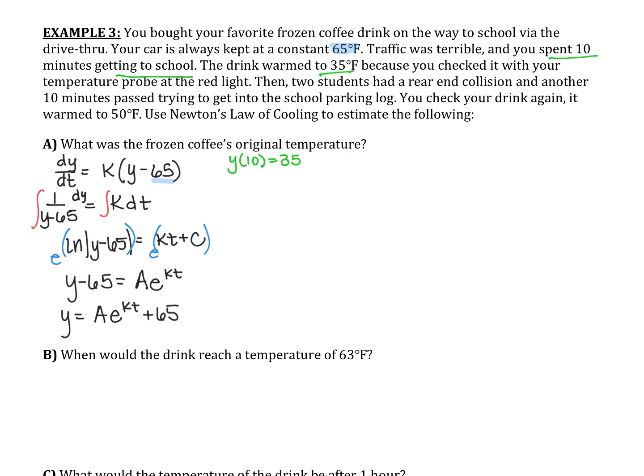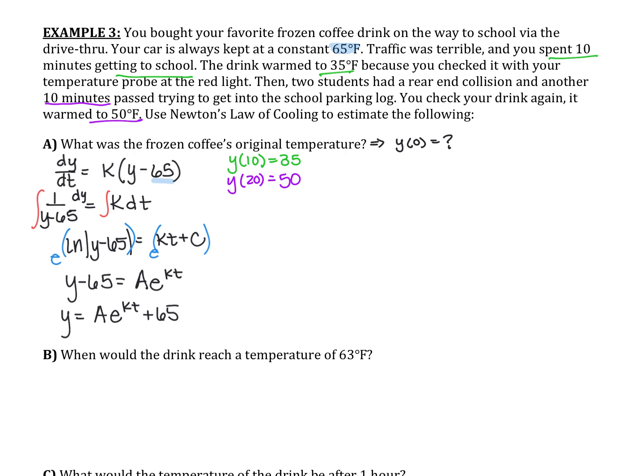It says 2 students had a rear-end collision, 10 minutes more passed, and it warmed to 50 degrees. So then it would be y of 20 equals 50. Now, my goal is to find the frozen coffee's original temperature. So what I'm really trying to find here is y of 0, and I don't know what that will be.